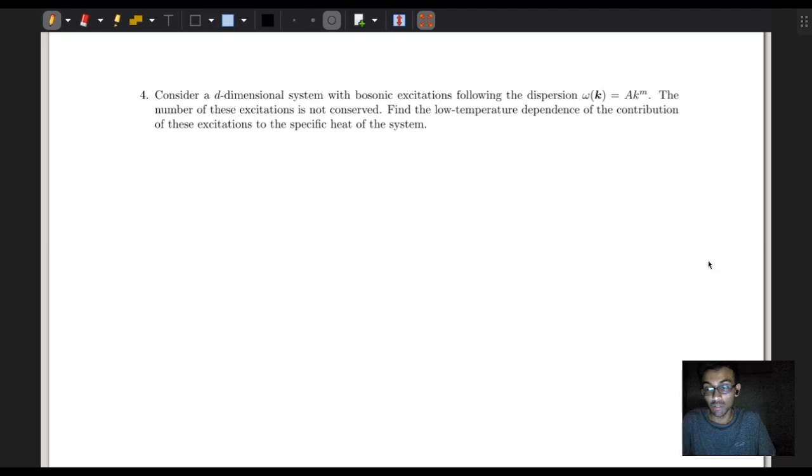The important contributions to various quantities like heat capacity can be understood by treating these systems as effective low dimensional systems. So that's why we do these problems of d-dimensional fermionic gas, d-dimensional bosonic gas, and so on.